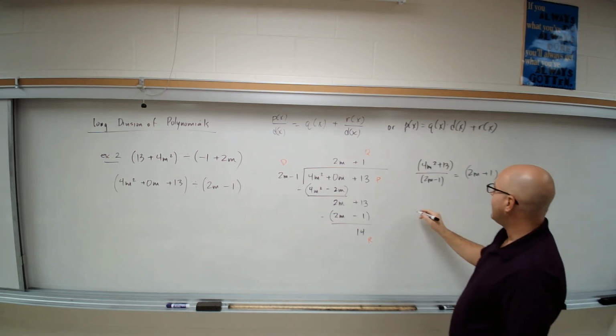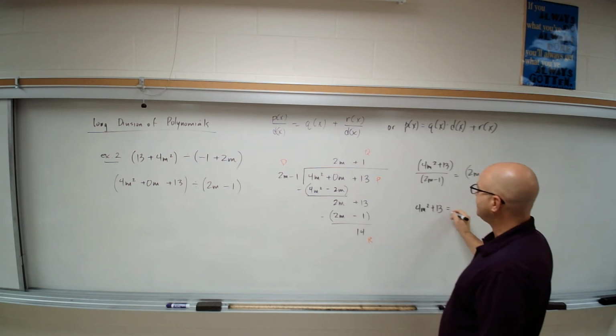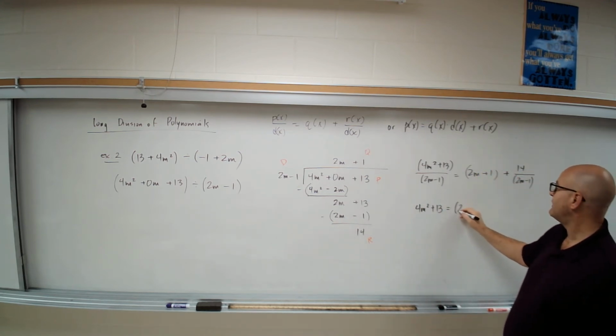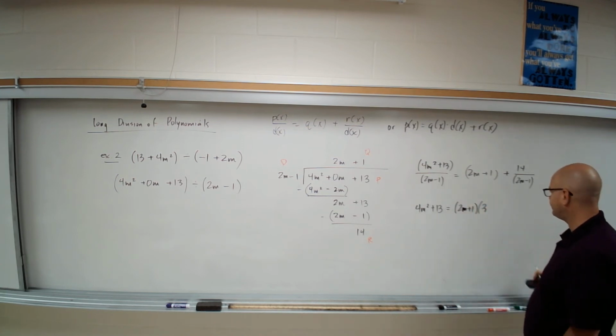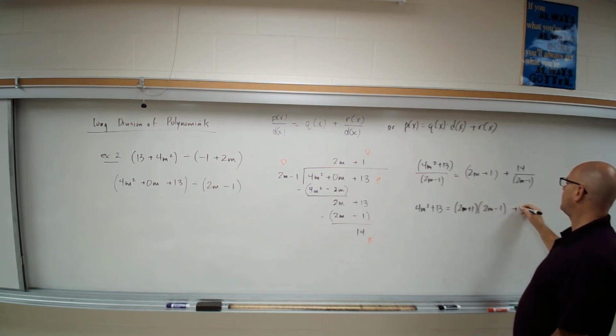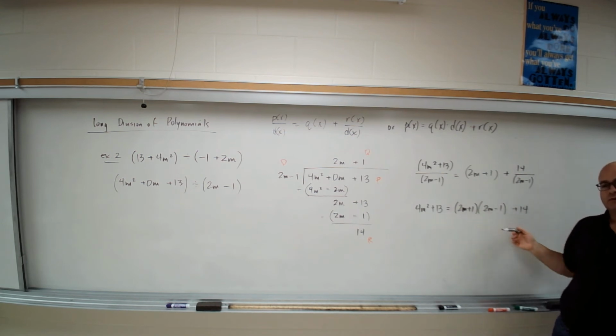Or we could write it as 4m squared plus 13, which is just the dividend, equals the quotient, which is 2m plus 1, times the divisor, plus the remainder. And this one makes it really easy to check your answer, right?